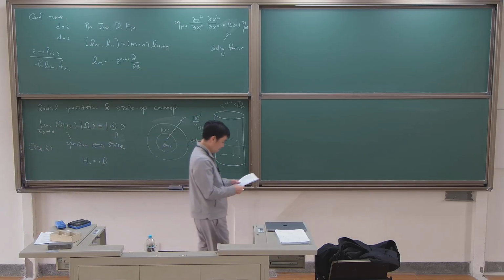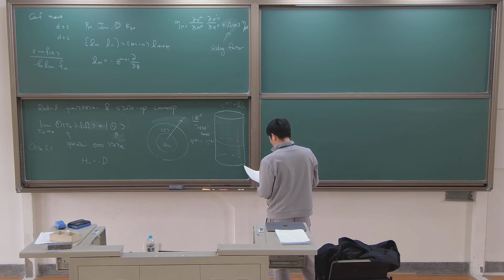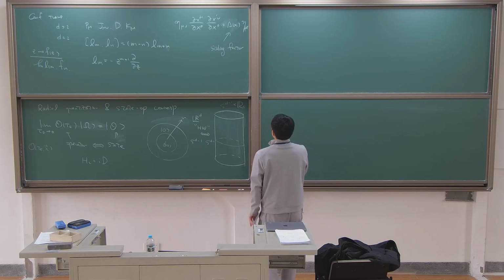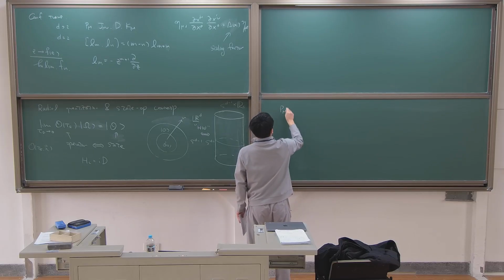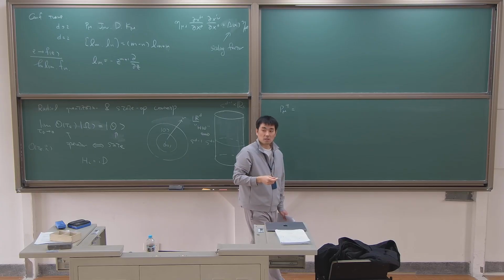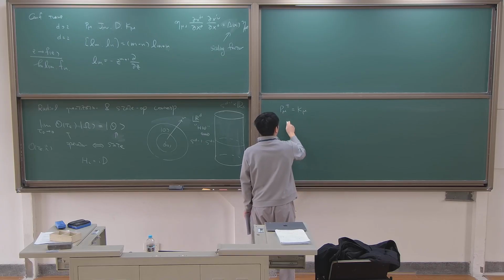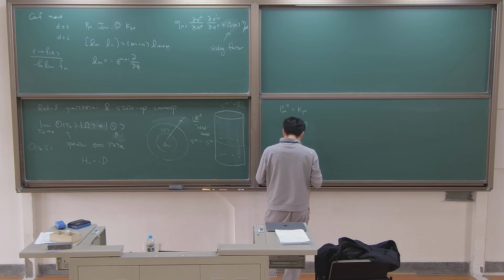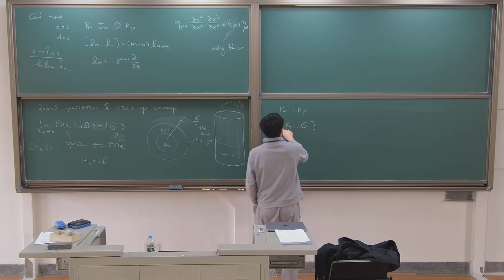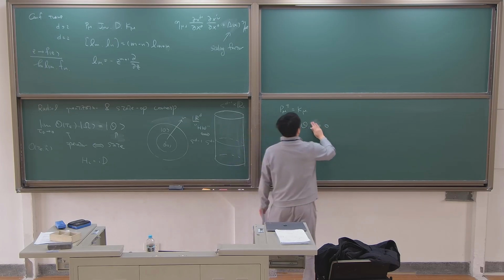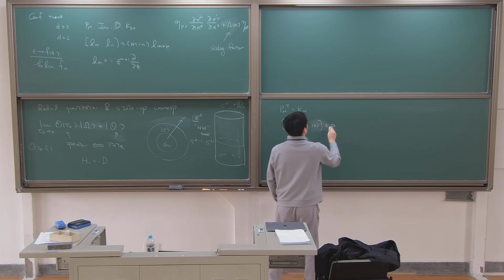Last time I told you that in this radial quantization, P_mu dagger is equal to K_mu. A primary operator is characterized by K_mu at the origin being equal to 0.